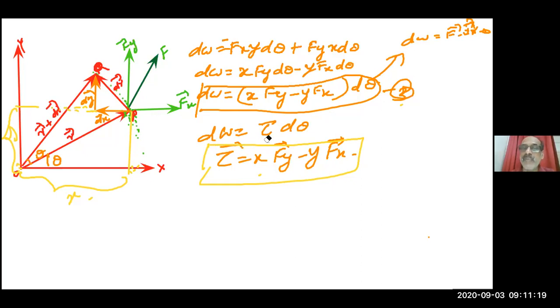So torque is a physical quantity which when multiplied by the angular displacement d theta gives work in rotational motion.